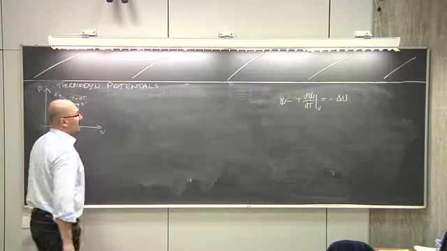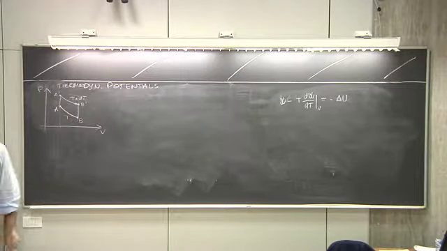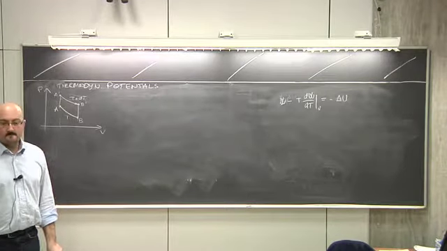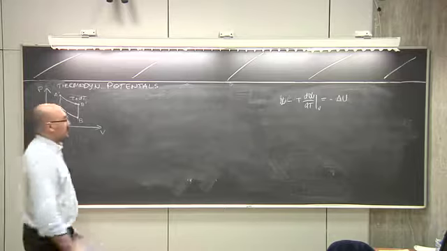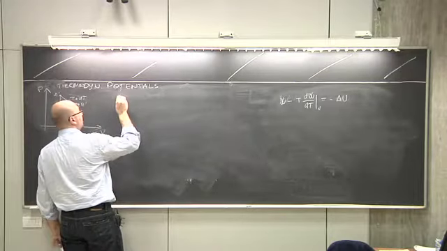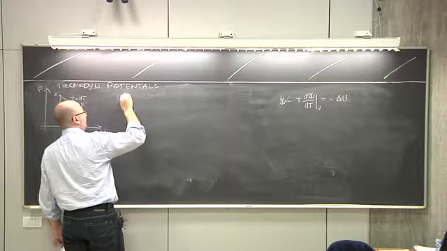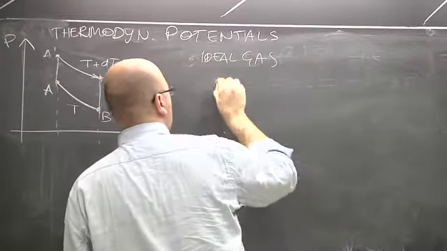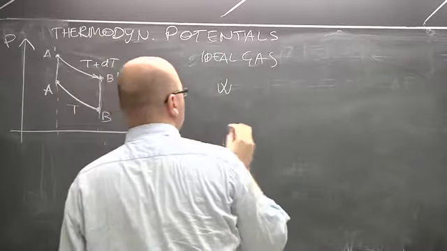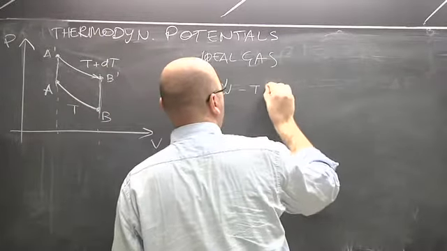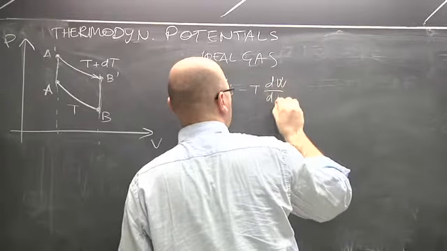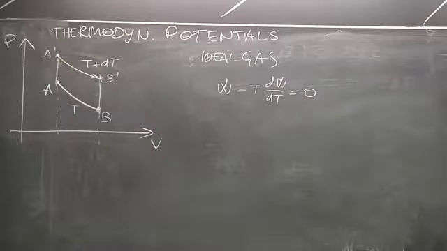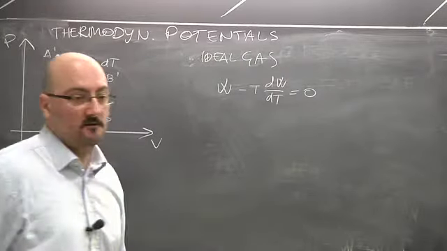On an isothermal transformation, the change in internal energy is 0, right? So for the ideal gas, W between A and B satisfies W minus T dW by dT is equal to 0. What's the solution of this equation?